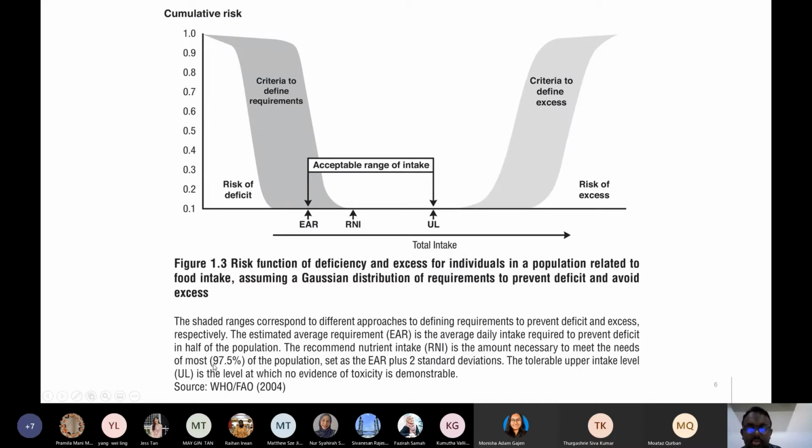That's 97.5 to be exact. And RNI is set as the EAR plus 2 standard deviation. Okay, how do we get the RNI value? It's EAR plus 2 standard deviation. And then the tolerable upper intake level, UL, is the level at which no evidence of toxicity is demonstrable. So we can see that the cumulative risk for excess is 0 here, and this is set as the upper limit. Okay.